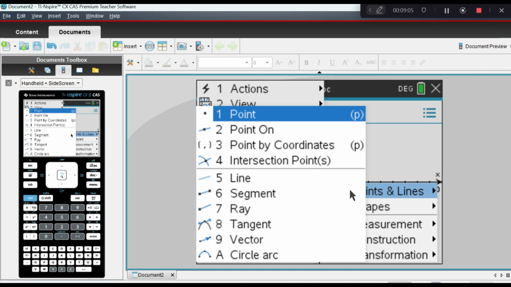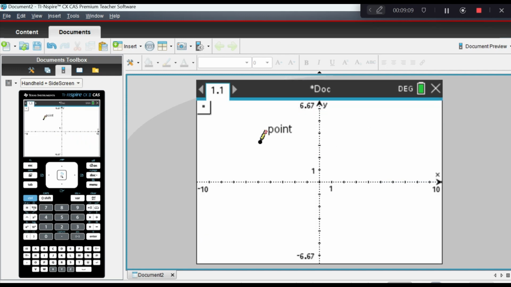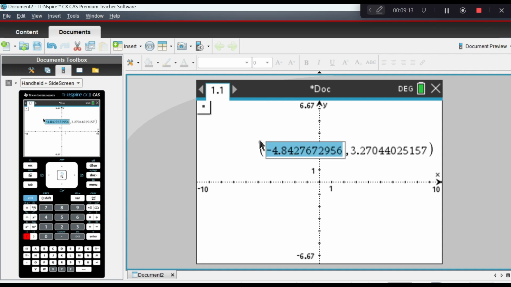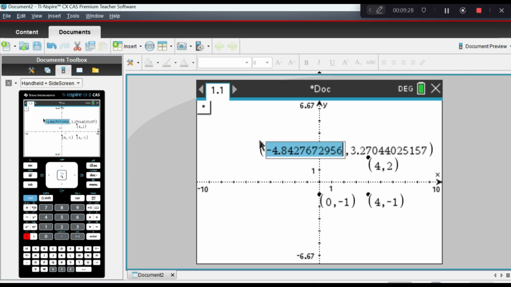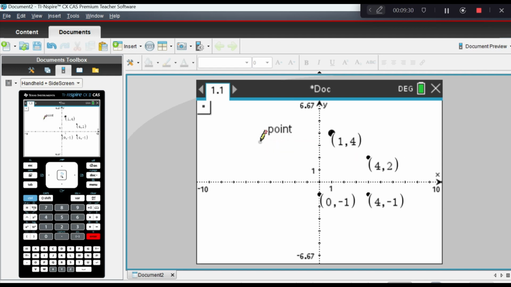I would do points and lines, select point on a graph page. Then I could just start opening my parentheses and putting in these coordinates. So I have 4, 2 right there. I have 4, -1 right there. I have 0, -1 right there. I have 1, 4 there.